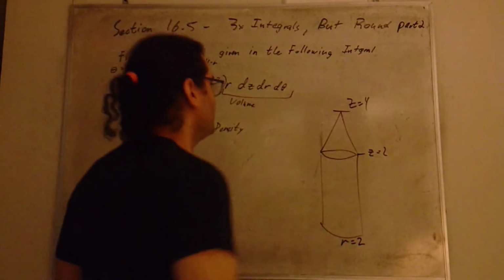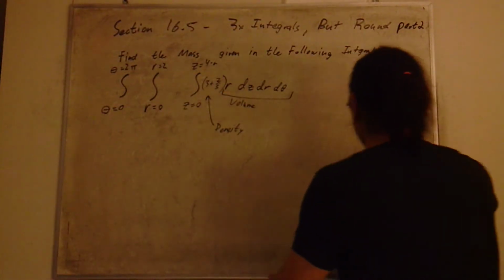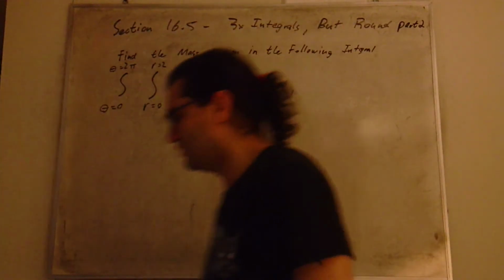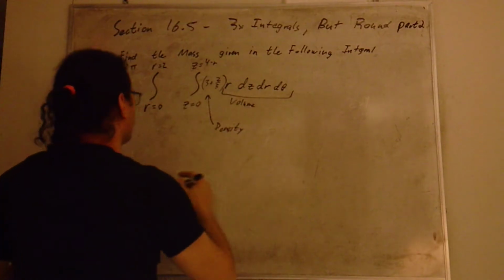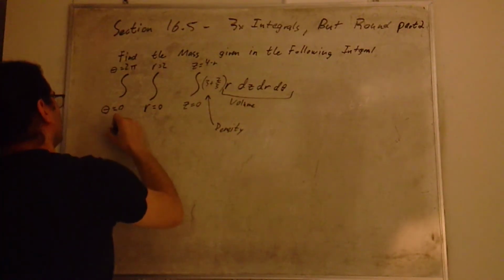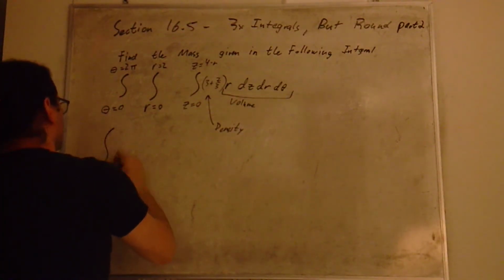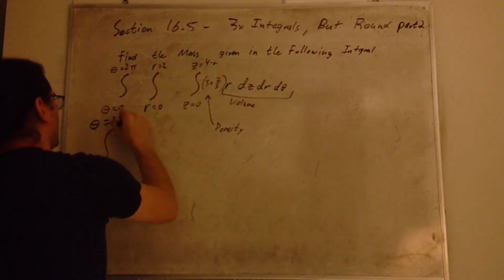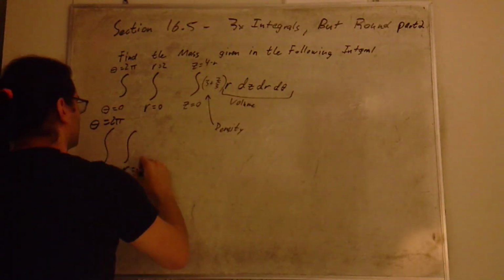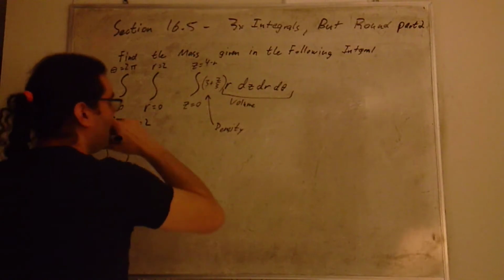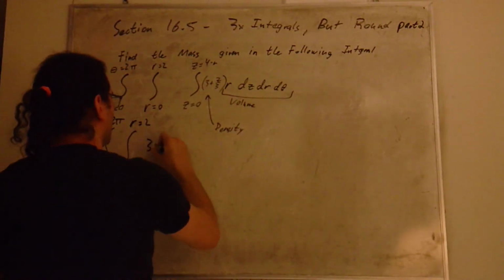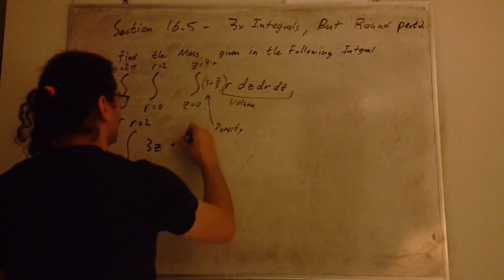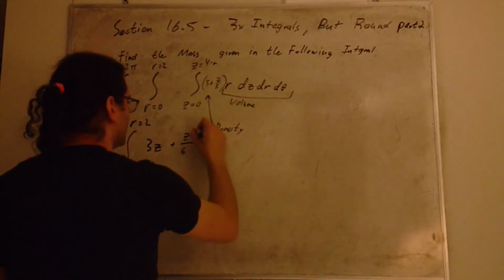We're already at 15 minutes. We're going to have to do the math real fast. Okay. We're integrating first with respect to z. So we're going to have theta equals 0, theta equals 2 pi. r equals 0 to r equals 2. The integral of this with respect to z is going to be 3z plus z squared over 6.